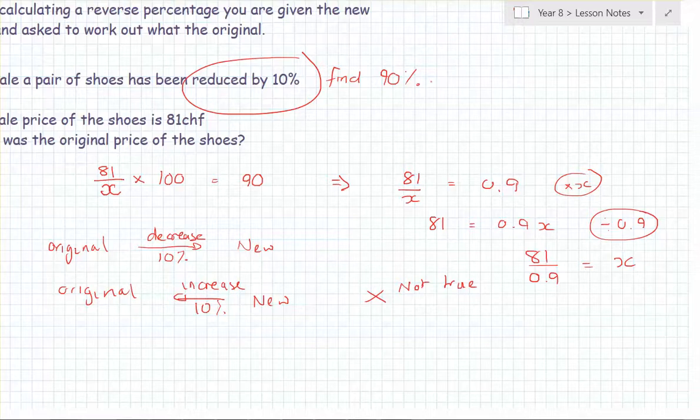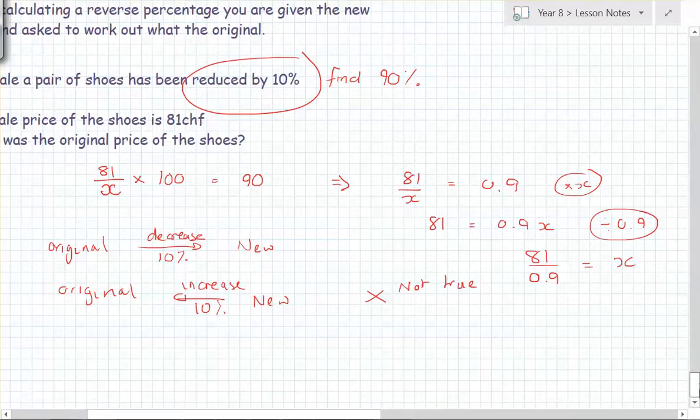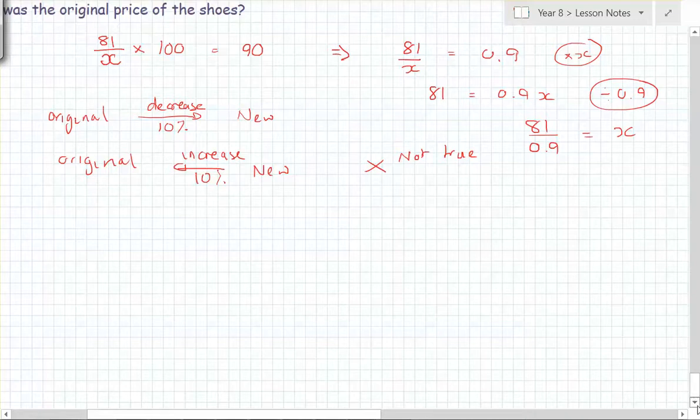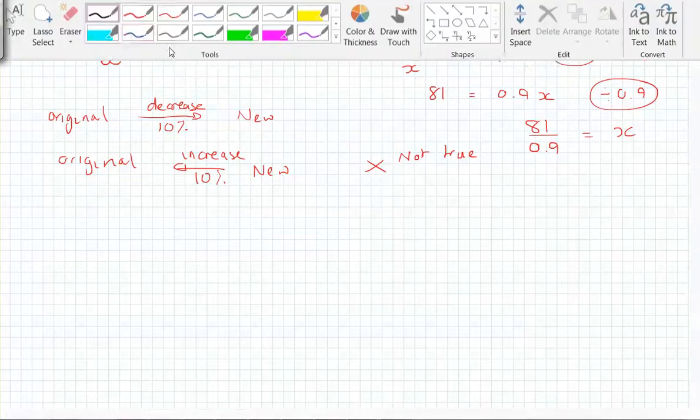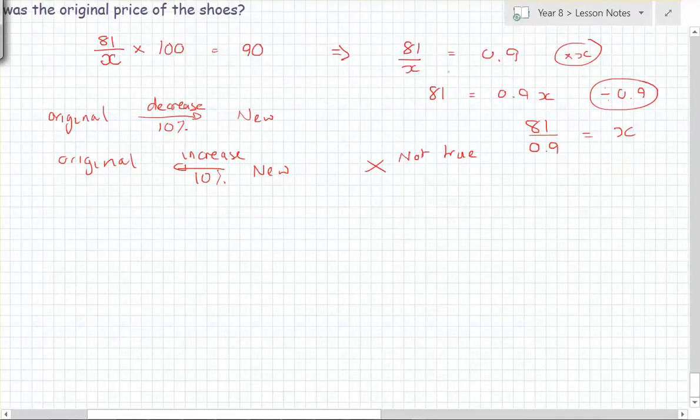Exactly. We know that there's 100%, which is x, and then there's 81, which is 90%. I find 1% and then multiply it by 100. I think what he's trying to say is less algebraic.